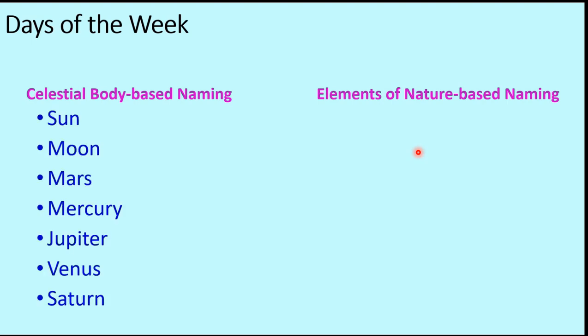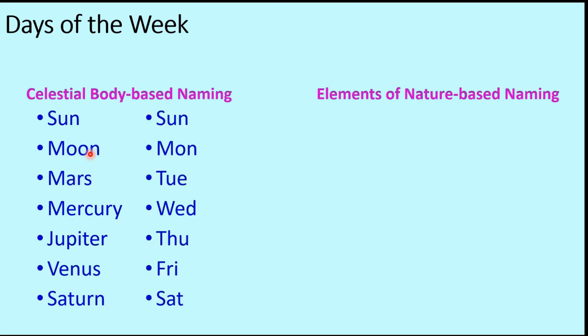So friends, there are several ways of naming the days of the week. One is the celestial body based naming, and the other is elements of nature based naming. In celestial body based naming, in ancient times, the 5 visible planets, that is Mercury, Venus, Mars, Jupiter, and Saturn, together with the Sun and the Moon, were used as the 7 days of the week.